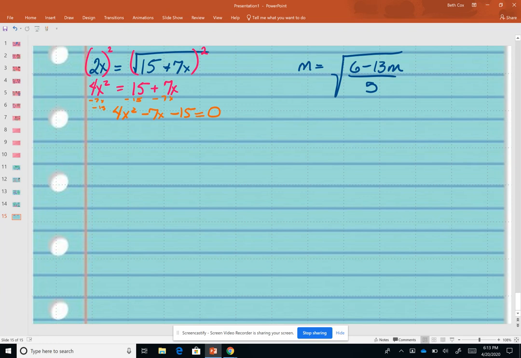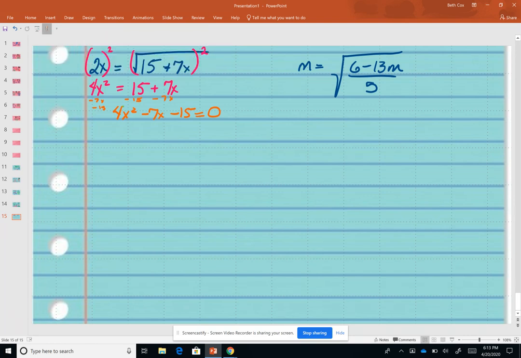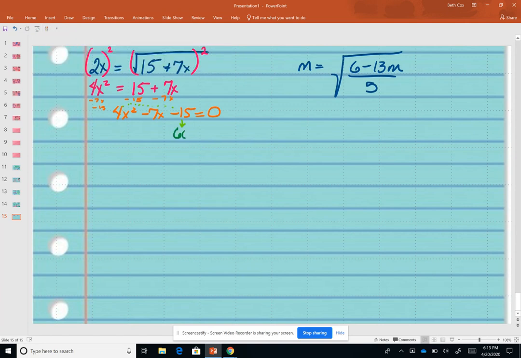I'm going to use my bottoms up method for factoring. So to do bottoms up, take this 4 and multiply it by the 15, and that's going to change that to a 60. But remember, if I change the problem by multiplying by 4, after I factor, I need to come in and divide by 4.